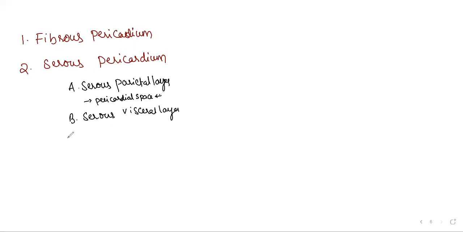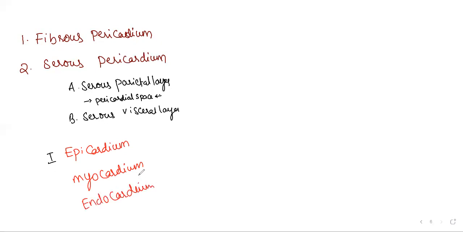Pericardial space. Okay. Next, the wall of the heart is composed of three layers: epicardium, myocardium, endocardium. As it is, I am showing the text information here, which may confuse us.